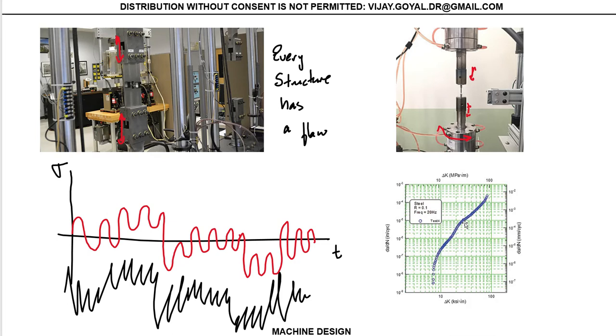This curve is nothing else than your stress intensity factor. If you remember from your crack propagation for mode 1, this will be delta sigma, and then you have that crack. So you plot this with respect to your delta a over delta N, and this tells you the behavior of a fatigue model.